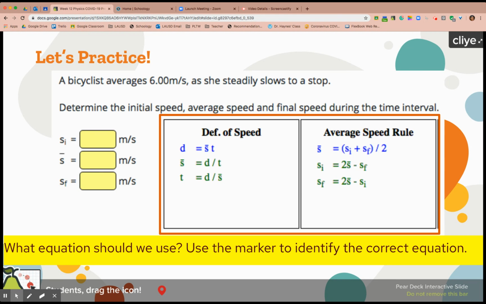So which equation should we use? You have a marker, use your marker to show me the equation that we should use to answer this question. Out of these equations, which equation should we use to answer this question?